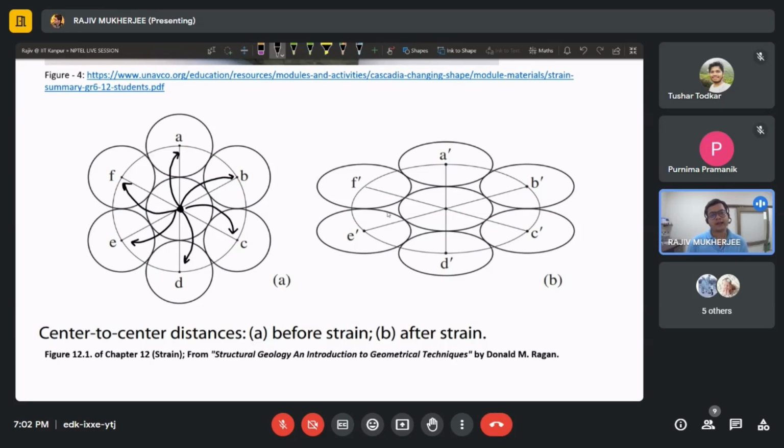So if we consider this to be the central reference frame, from that central reference point, all the adjacent center points will remain the same. The average distance would remain the same.